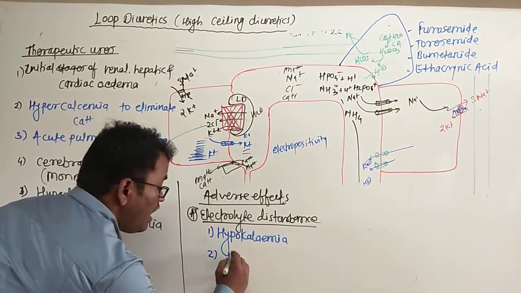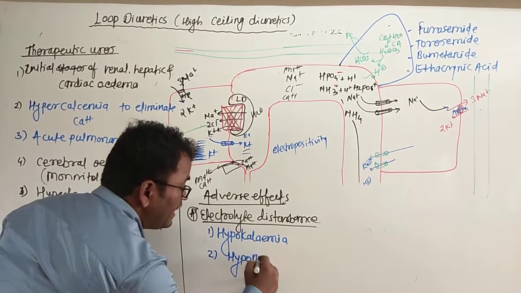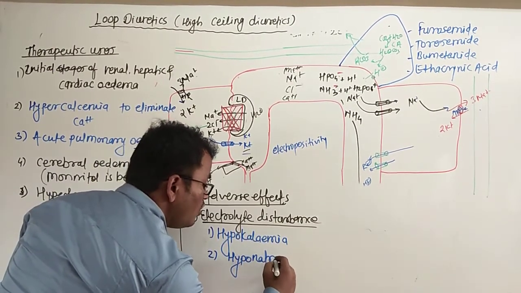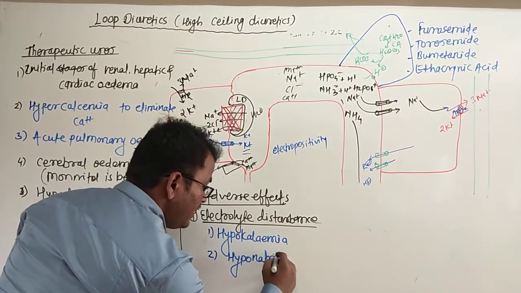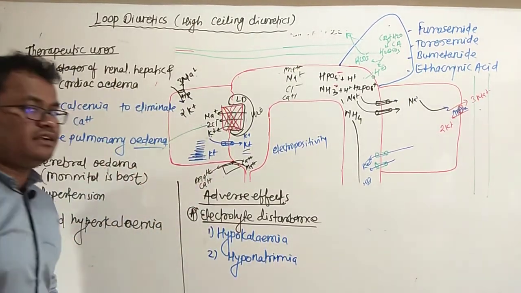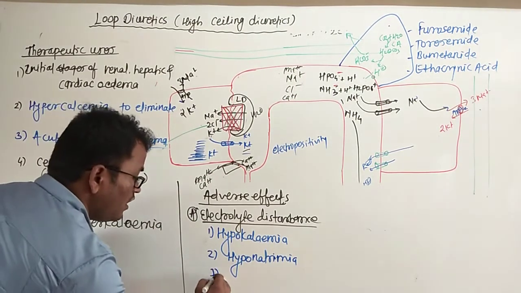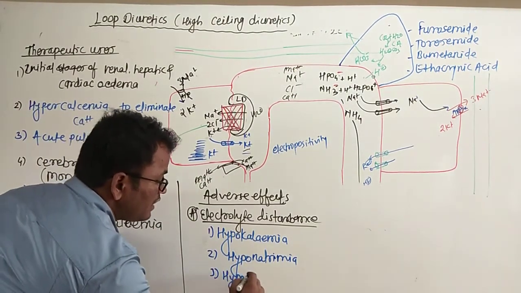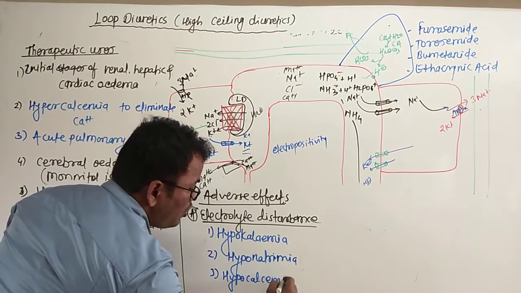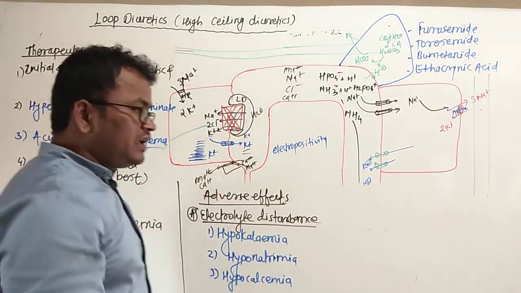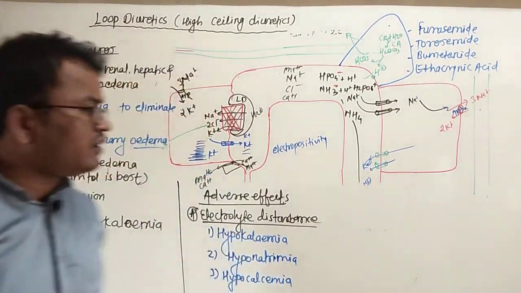Second one is hyponatremia. Hyponatremia means decreased level of sodium in the body. Third one is hypocalcemia. Hypocalcemia means decreased level of calcium in the blood or in the body.